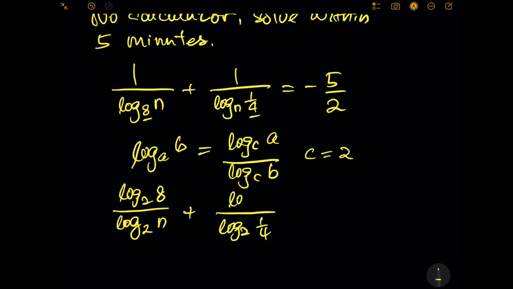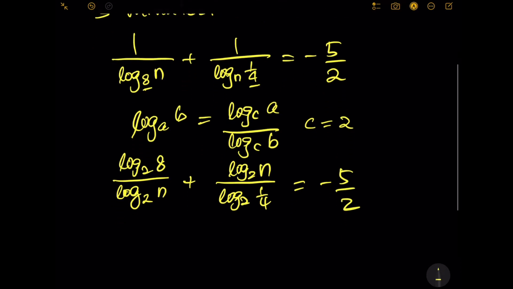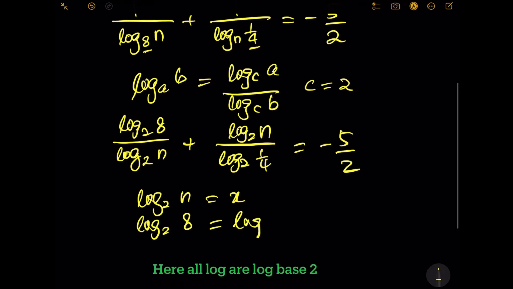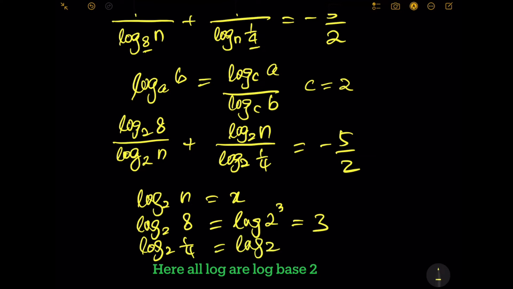The top is log 2 of n, which equals negative 5 over 2. So we define log 2 of n equals x. Meanwhile, we know log 2 of 8 is log 2 of 2 to the power 3, which is 3, and log 2 of 1 over 4 is log 2 of 2 to the power negative 2, which is negative 2.